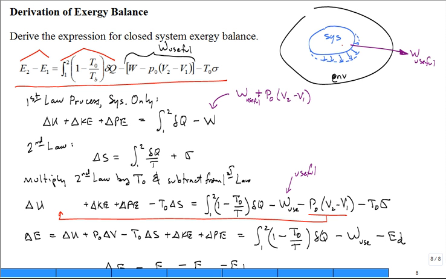The system, you want to get the useful work out of it, but if it pushes back the environment, that's a non-useful component. So the sum of W minus this term is what we call the useful work, shown here.